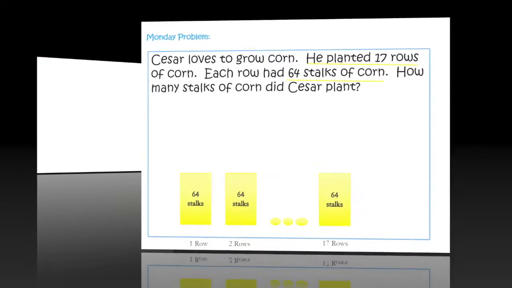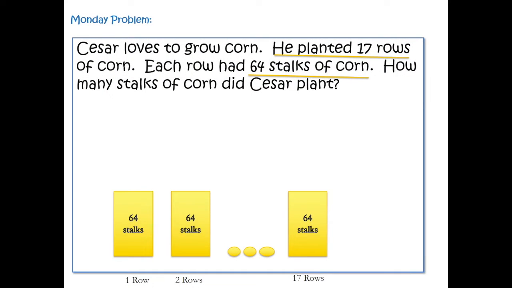I thought about who my problem was about. As I read this, I'm thinking who my problem is about and what my problem is about. Caesar loves to grow corn. So now I know my problem is about Caesar. He planted 17 rows of corn. Each row had 64 stalks of corn.